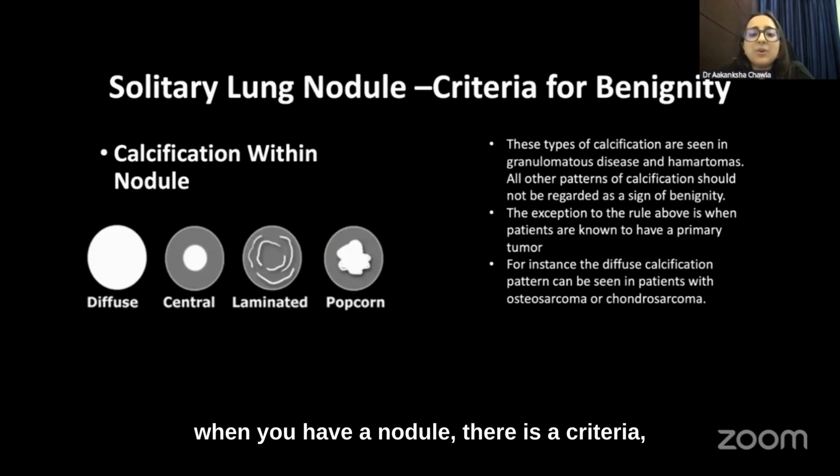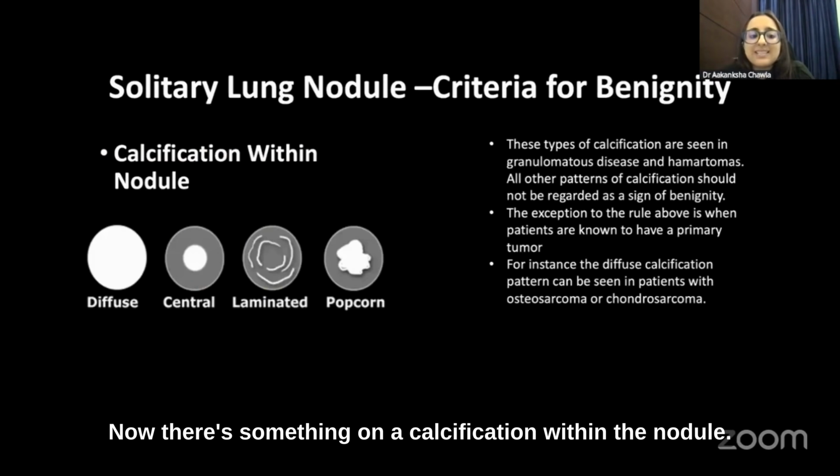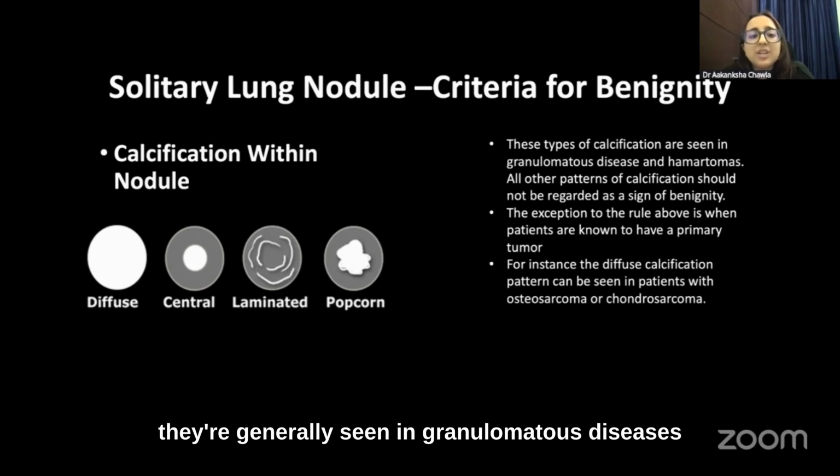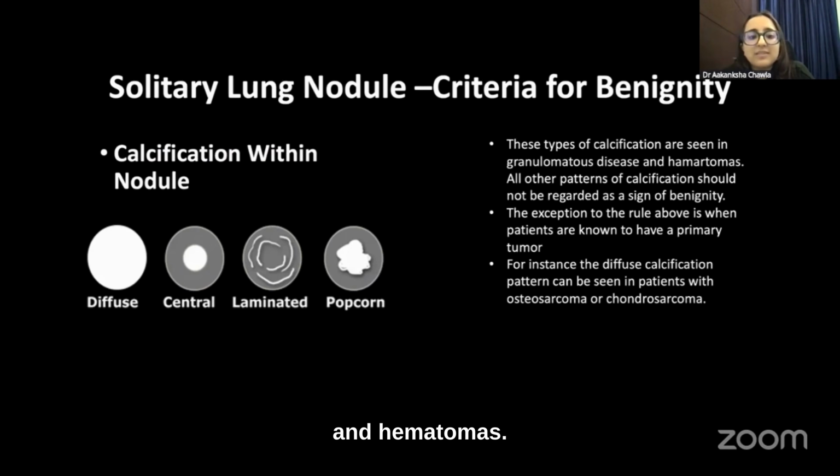Now, when you have a nodule, there are specific criteria that you follow for it to be benign. There's something known as calcification within the nodule. If the calcification is diffuse, central, laminated, or popcorn, these are generally seen in granulomatous diseases and hamartomas. These patterns of calcification are mostly seen in a benign nodule.